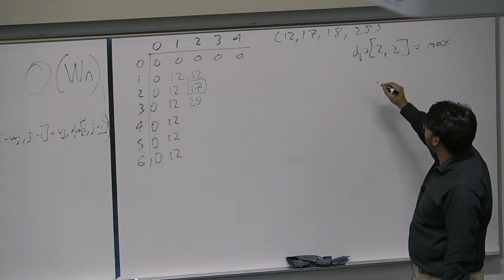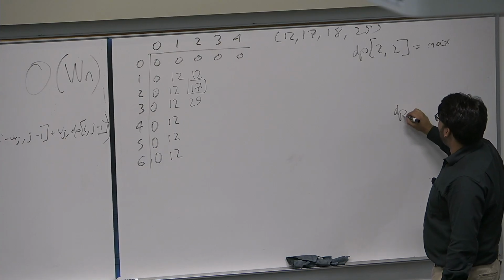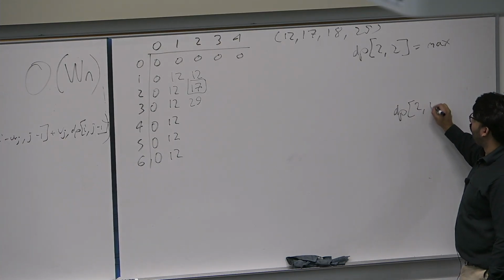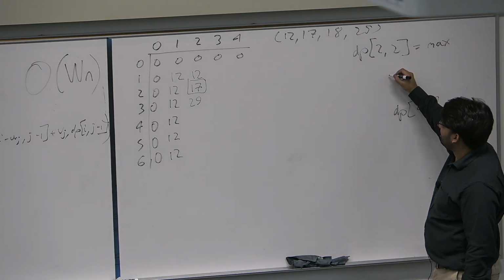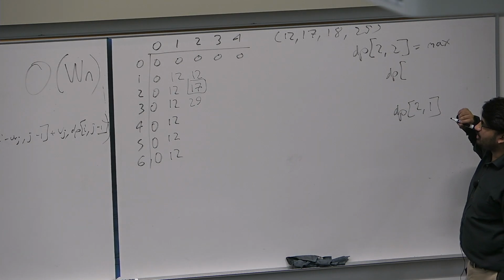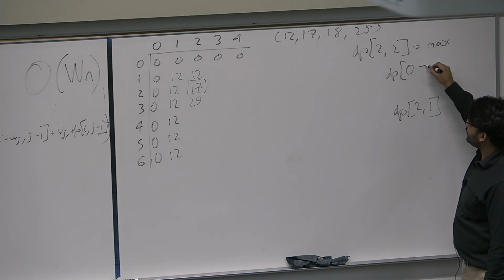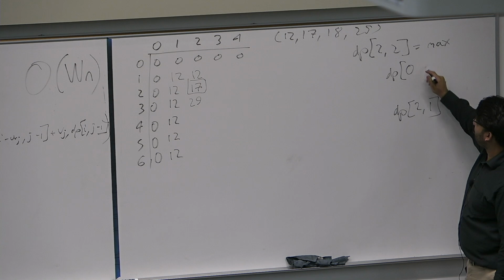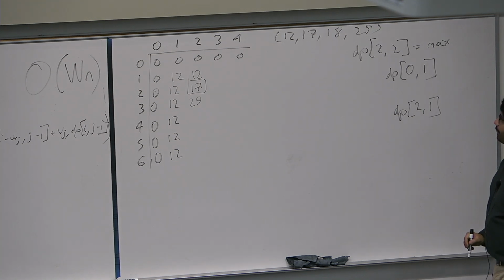If we don't choose item 2, it's going to be dp of 2 comma 1, right? And if we did choose item 2, it would be dp of the capacity minus the weight of item 2, which is 2. So it'd be 0 comma 1, right?